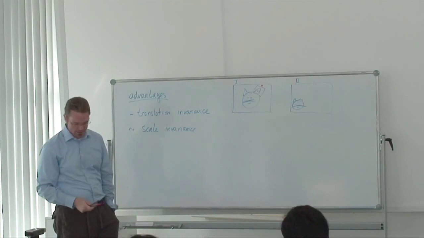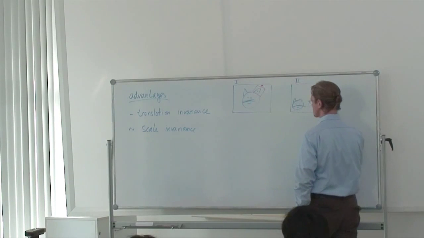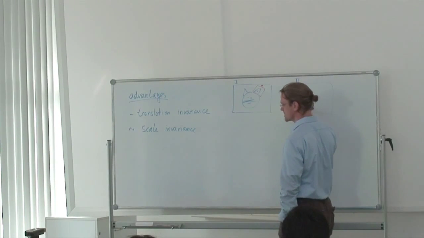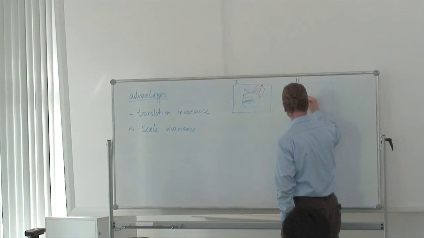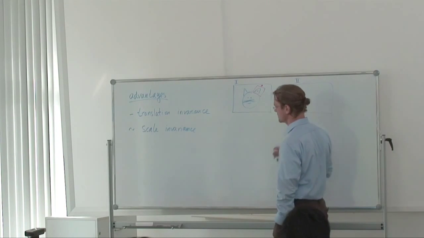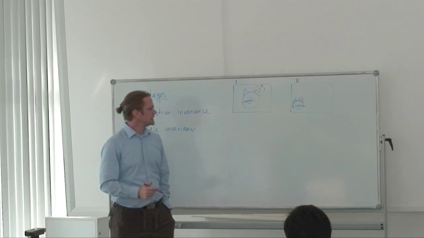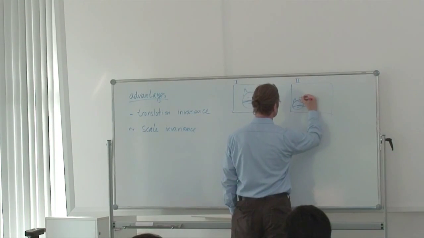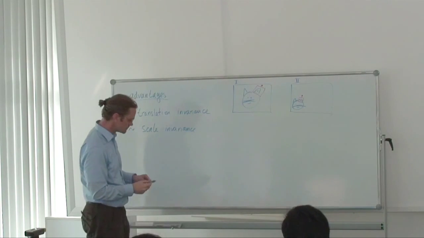And we can do the same process of key point detection in the second image, and maybe we find a key point here. And it has a certain scale, smaller this time, because the cat is farther away from the camera, whatever. And say it has, again, an orientation.